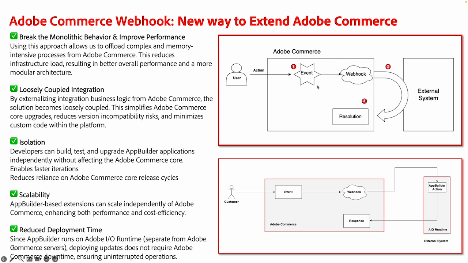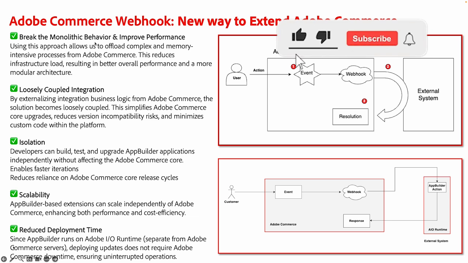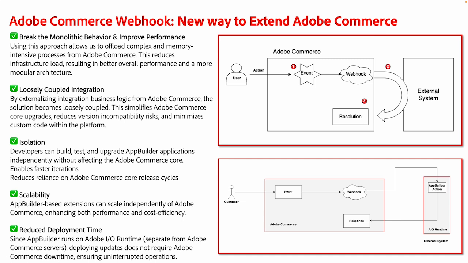So rather than writing the business logic inside Adobe Commerce using the plugin or observer, we rely on the external system output. In this way we are breaking the monolithic behavior and offloading the complex and memory intensive process from Adobe Commerce, which reduces the infrastructure load, resulting in better overall performance and a more modular architecture.